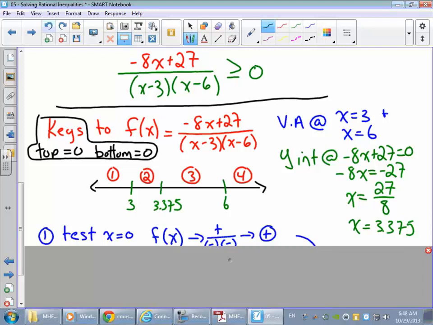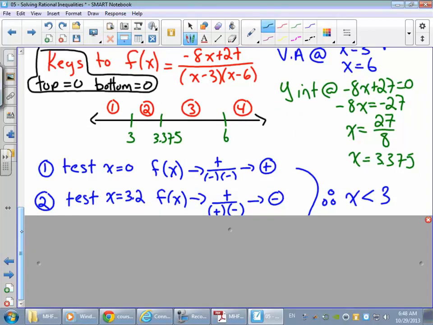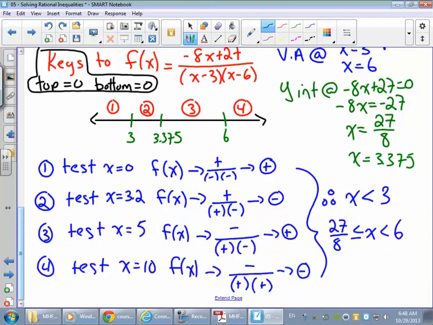So my number line then, sort of finishing up, I have 4 different regions: less than 3, between, and greater than 6. And now I'm going to, again, test a value in each of the areas to figure out what my final answer is. I tested 0 over here, tested 3.2 because it was clearly in here, 5 in here, and 10 out here.